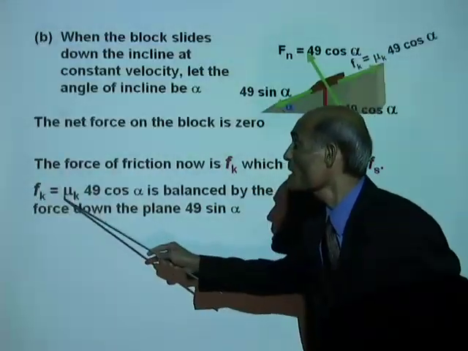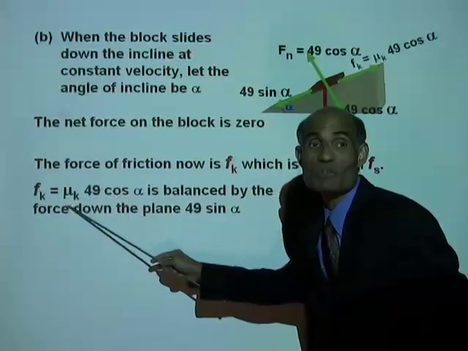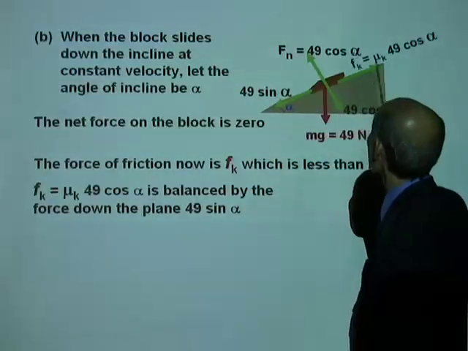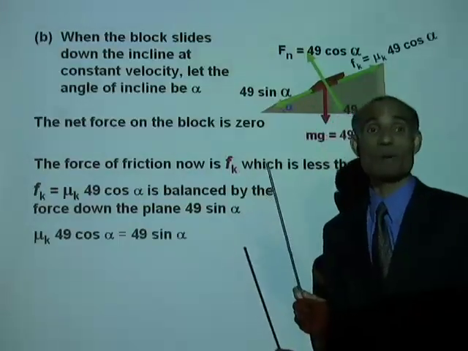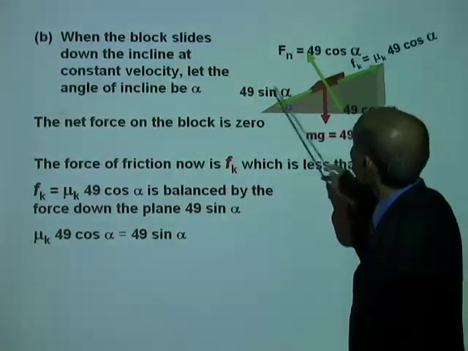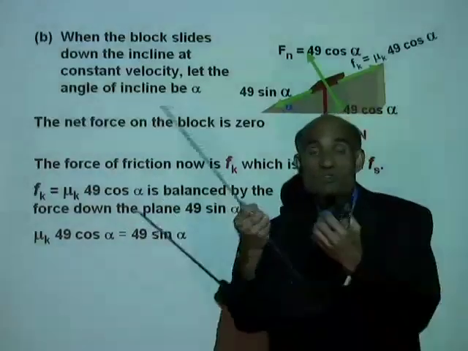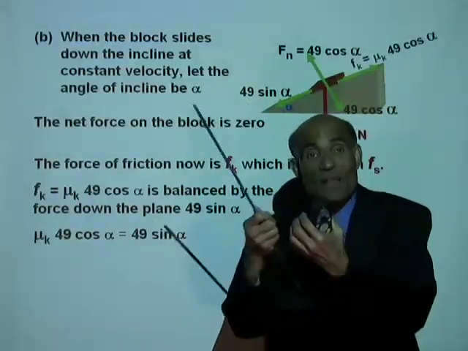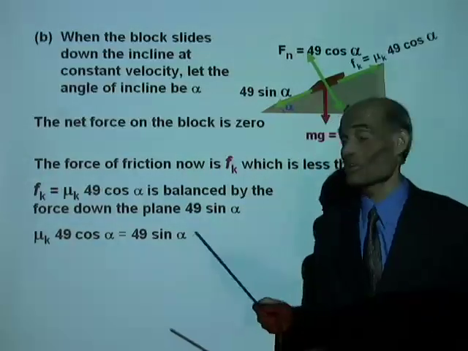So Fk equals mu k mg cos alpha, mu k times 49 cos alpha. That is the force now acting up the plane. And that force equals 49 sine alpha. That is when the forces are balanced, and that is when the object will be moving with uniform velocity.